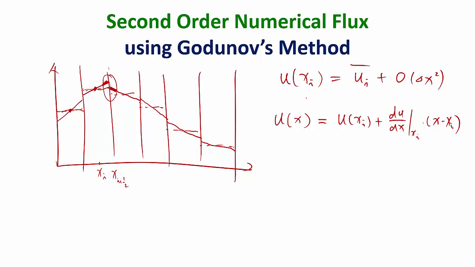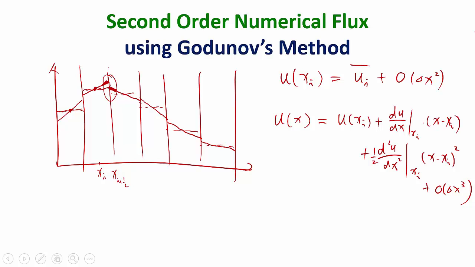There is no delta x anymore because I'm looking at the value of x actually within the cell. This is because the volume average involves u of x. What's next is half of d squared u dx squared, also at xi, times x minus xi squared, and then plus O of delta x cubed, right? O of delta x cubed, because if I'm looking within each cell, then x minus xi is going to be less than delta x.